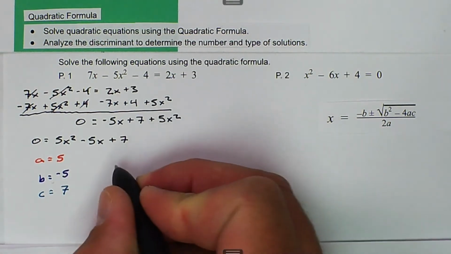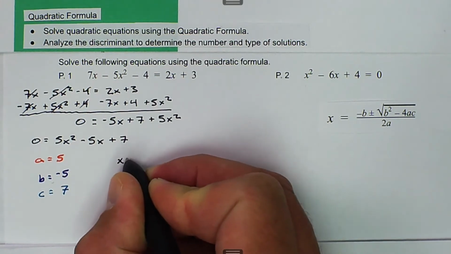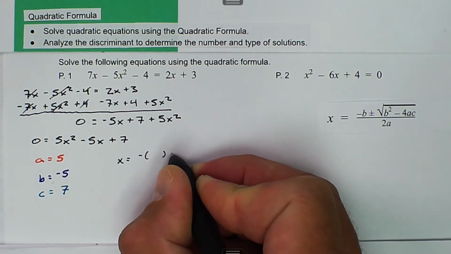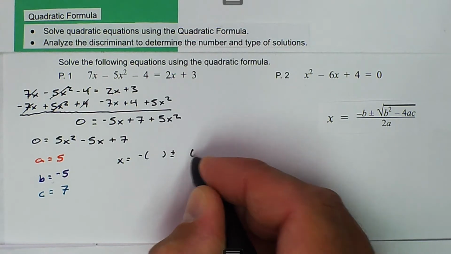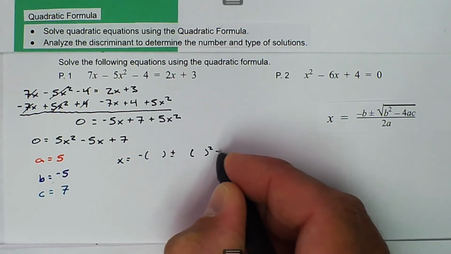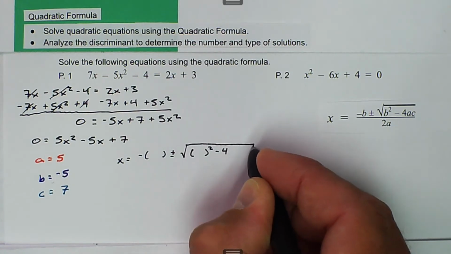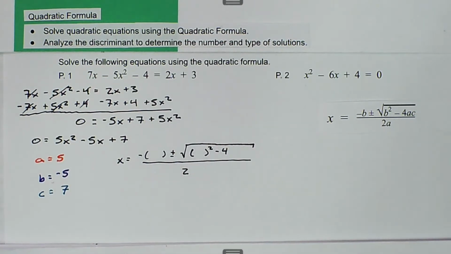And I'm going to write down, we got x equals negative b, plus or minus the square root of b squared minus 4, and that's all under the radical, and that's all divided by 2 times a.